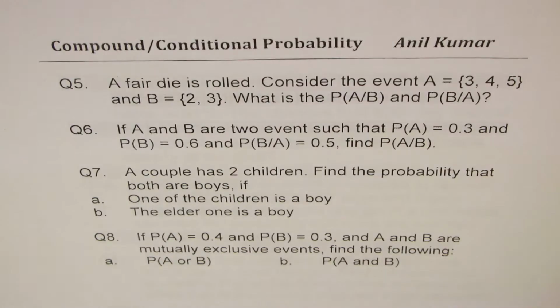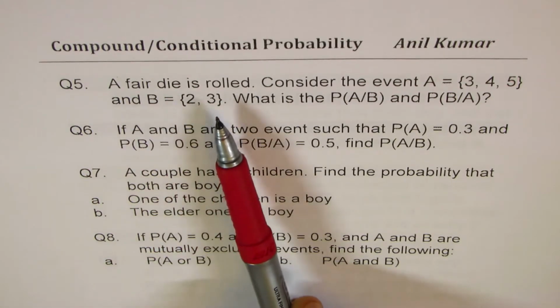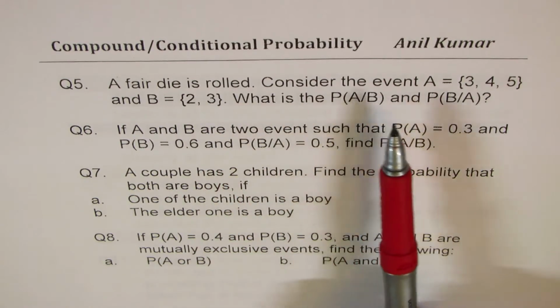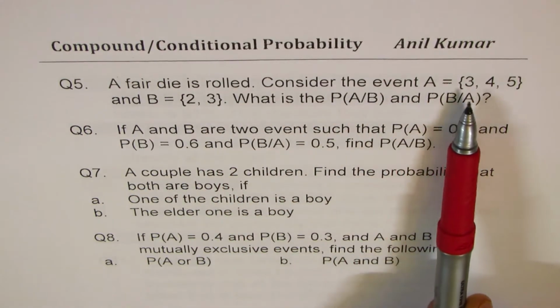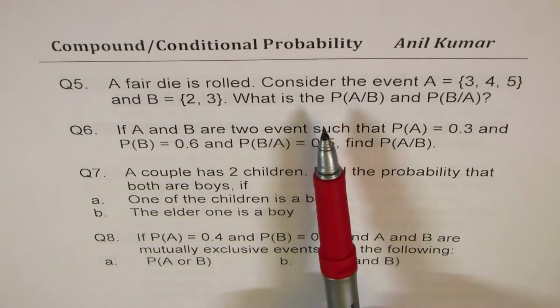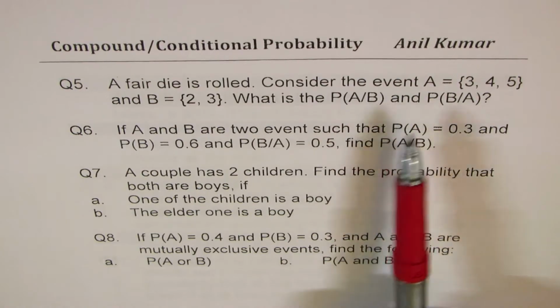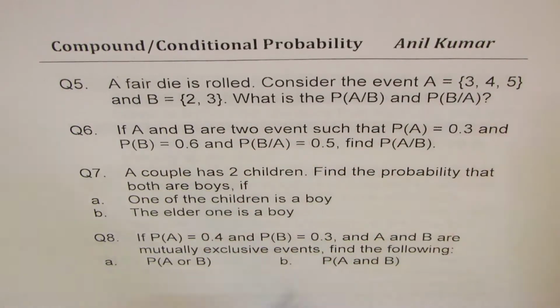Let's move on. Here we have question number 5 to 8. Question number 5 is, a fair die is rolled. Consider the event A of getting 3, 4 or 5, B as 2 and 3. What is the probability of A when B occurs? And what is the probability of B when A occurs?